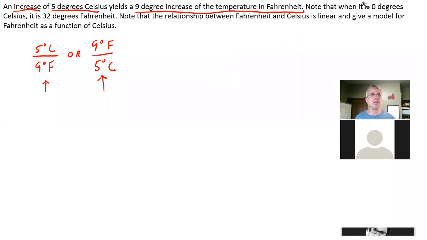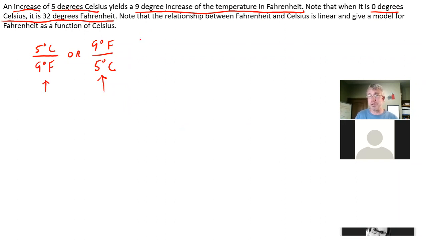Note that when it is 0 degrees Celsius, it is 32 degrees Fahrenheit. So I was just given another piece of information right there. What piece of information does that give me? The B. That's the B in the linear model.